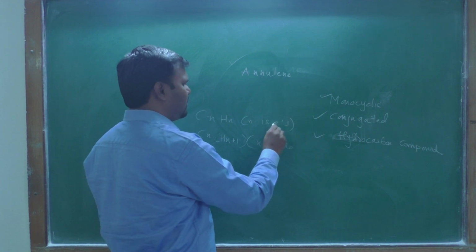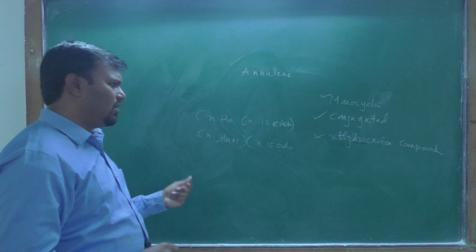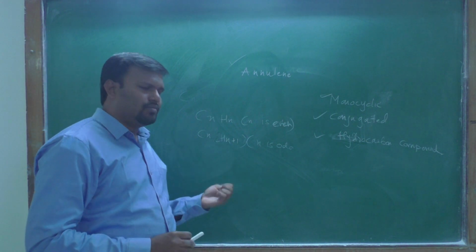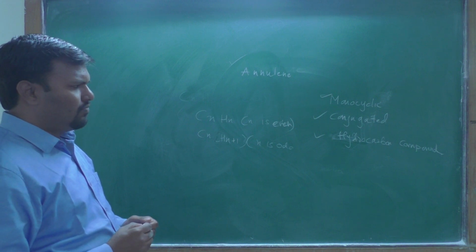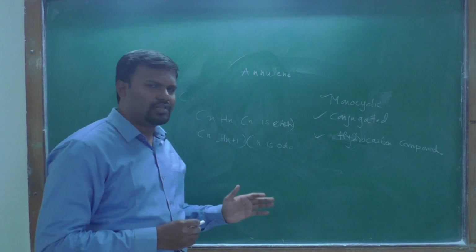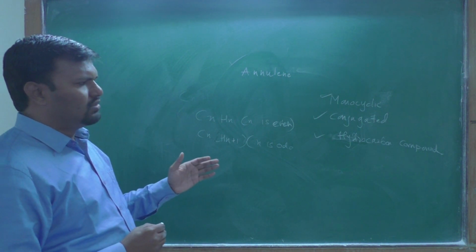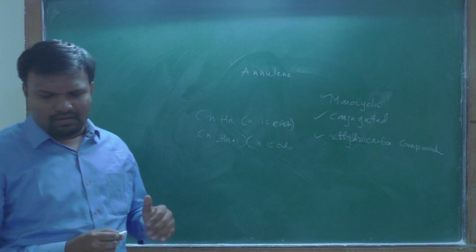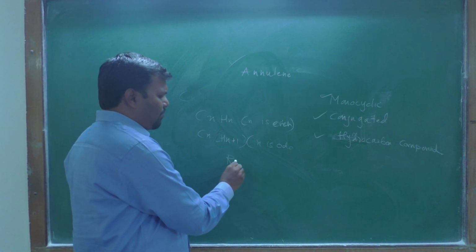By using that formula we can predict the annulene compounds. Now we have seen that it requires it is monocyclic, it is conjugated, and these compounds are hydrocarbon compounds.